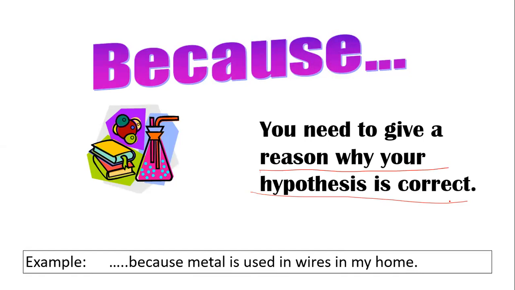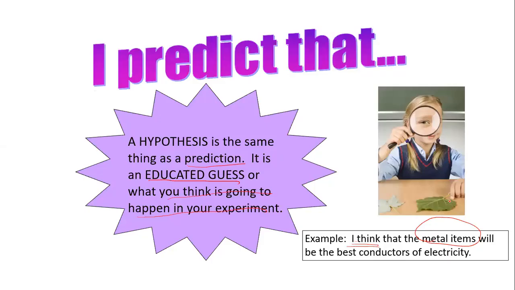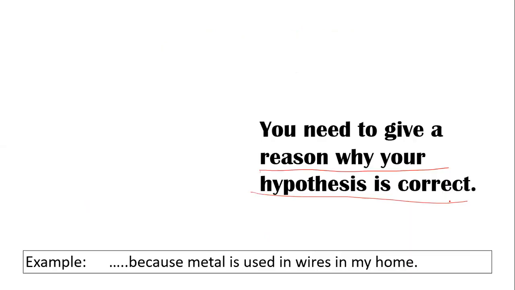So for example, earlier you said, I think that the metal items will be the best conductor of electricity. What makes you propose that type of hypothesis? Meaning, a hypothesis should be based on logic. It is not a wild guess. You look at how things are connected.